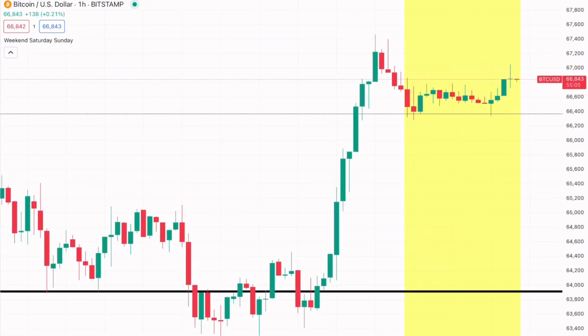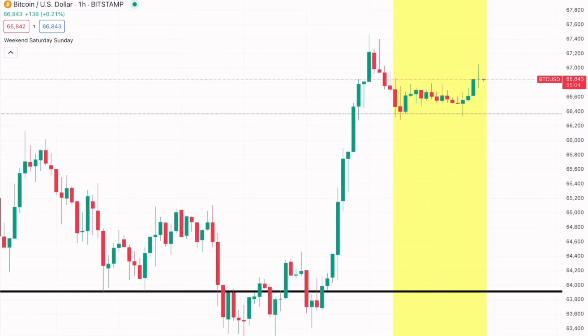If you remember, in the last video I made yesterday, I said it was around here. I said we can see Bitcoin finding new support at 66,300, and it's what we're seeing right now. It came to find support, and again today in the morning, and hopefully it keeps holding that as support, but we will see what happens next.